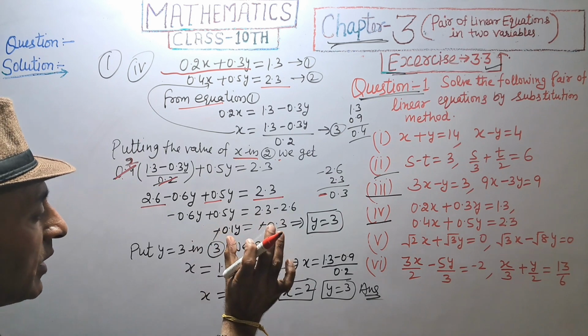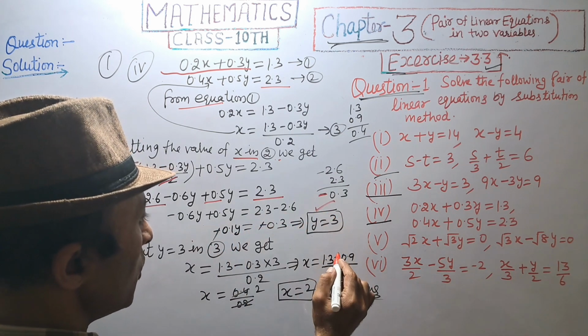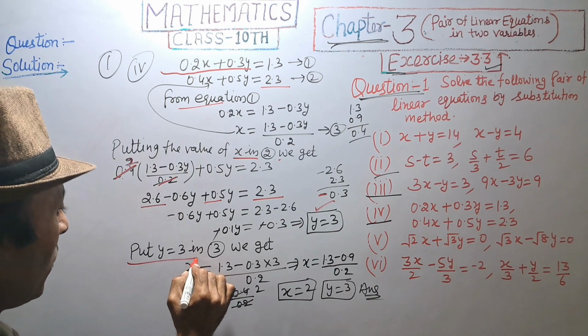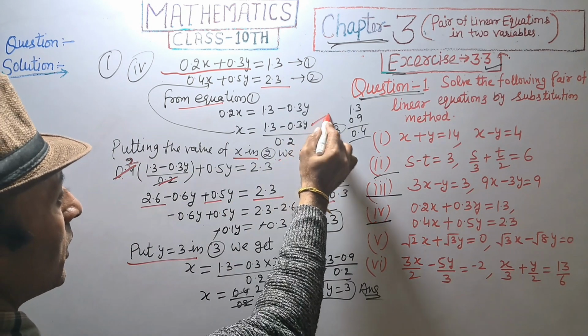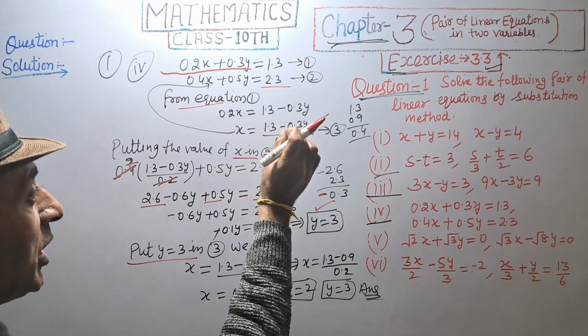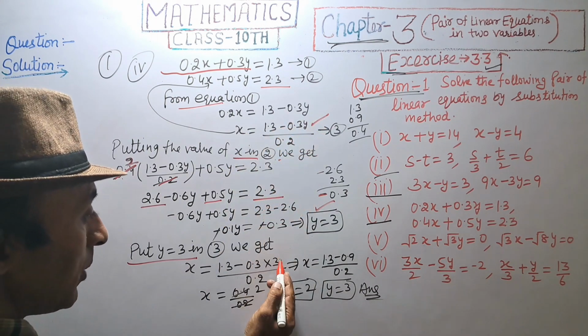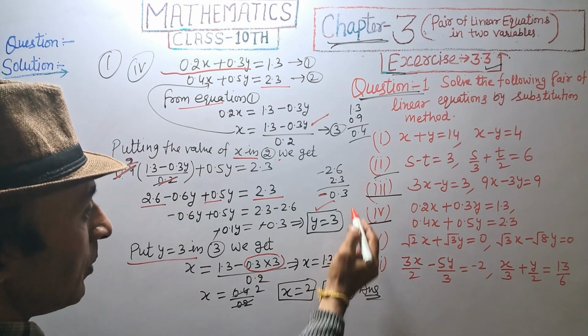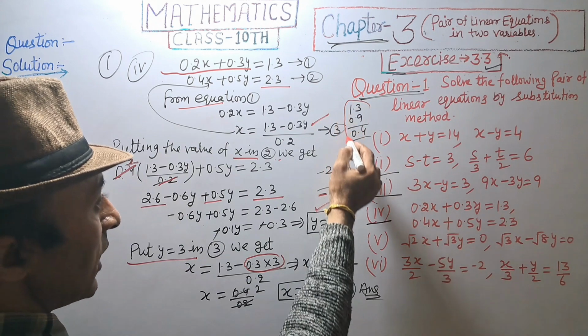Minus minus is cancelled, and we get the value of y equal to 3. Putting the value of y equal to 3 in equation number third, here we get the value of x: 1.3 minus 0.3 multiplied by 3, that is 0.9, and 1.3 minus 0.9 is equal to 0.4.